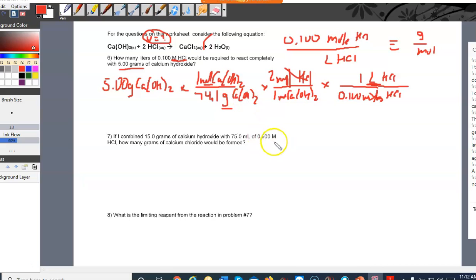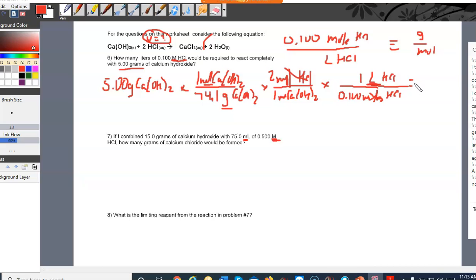Like down here, I have a molarity and I have 75 milliliters. I can convert this to liters, it cancels with the liters on the bottom of moles per liter, and I can figure out how many moles of calcium hydroxide I have. So that's how you handle these molarities. It's not any different, but rather than grams per mole, it's moles per liter.